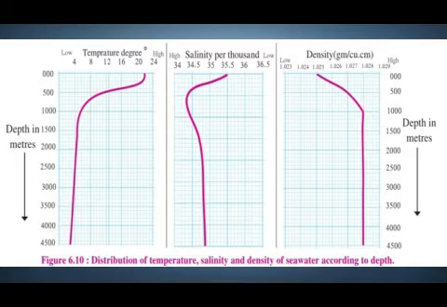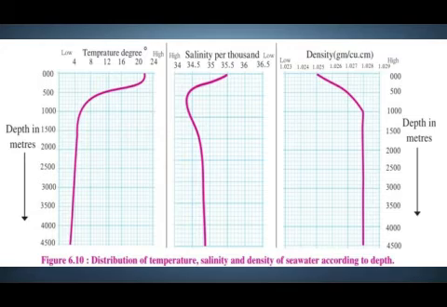But if you see that below the depth of 1000 meters, there is no change in all the three factors, that is temperature, salinity and density. You can only see the changes above 500 meters.